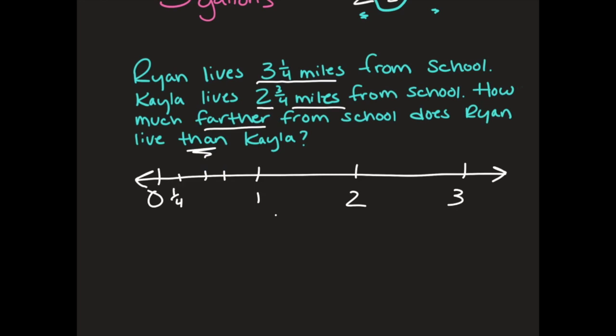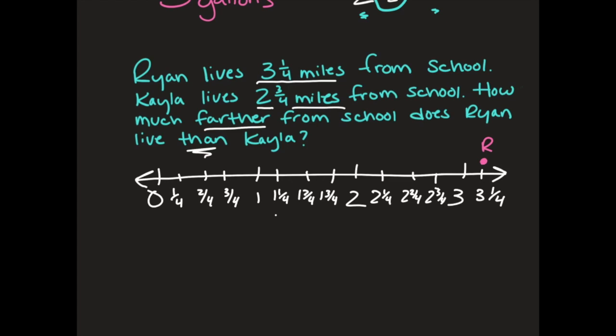So 1/4, 2/4, 3/4. 1 1/4, 1 2/4, 1 3/4. 2 1/4, 2 2/4, 2 3/4. And then here's 3 1/4. Okay, so now I'm going to place 3 1/4 on my number line. So here's right here, and this is Ryan.